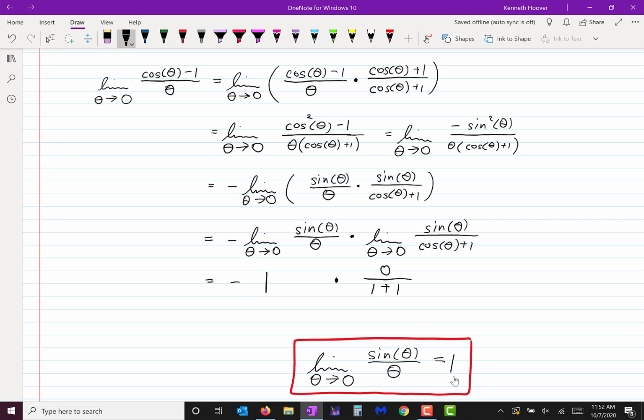So what do I end up with here? Negative 1 times 0, which is 0. So this limit equals 0. Let's write that down and put a box around that also.